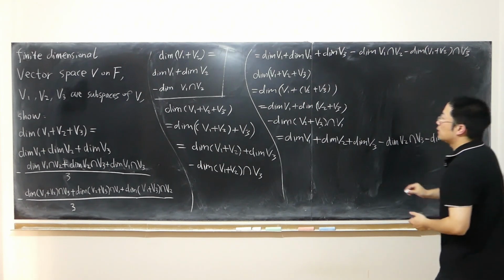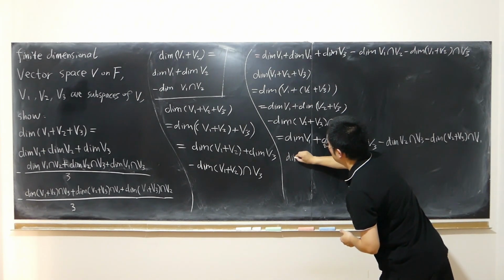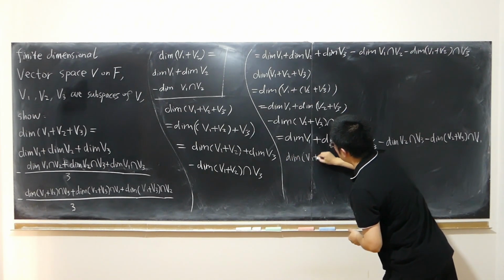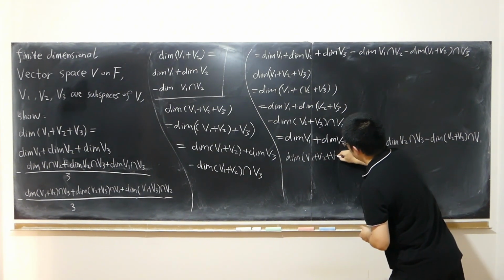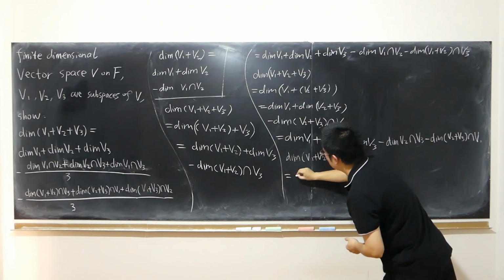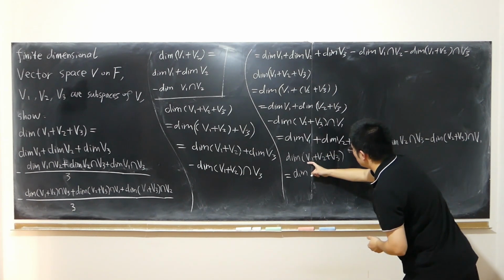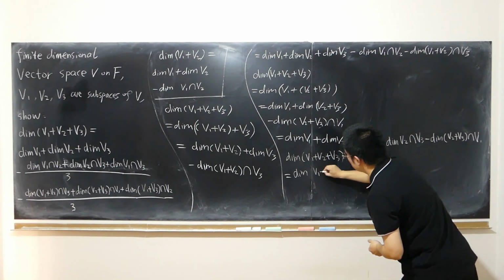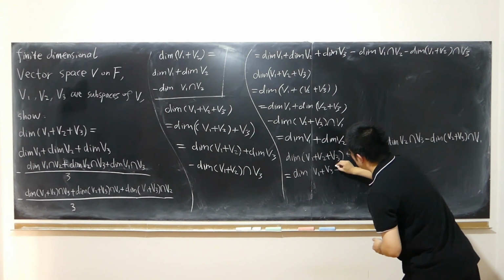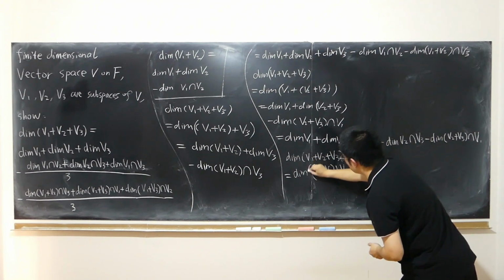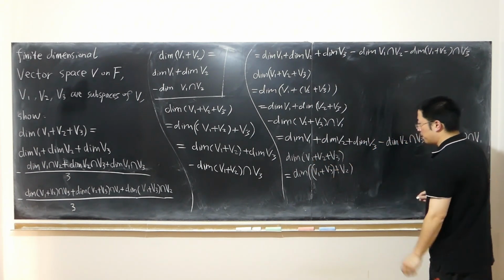And of course, the dimension of V1 plus V2 plus V3 can also be written as the dimension of V1 plus V3 first, then plus V2. Associative, commutative.